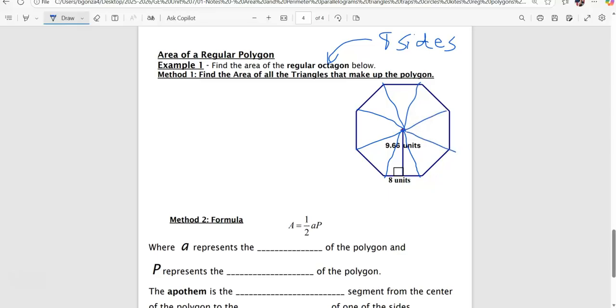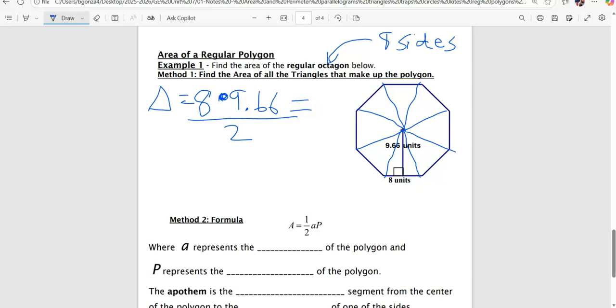Forgive my pen, it's not working, but if I find the area of one triangle, what is it? Base times height divided by 2. 8 times 9.66, goodness gracious. 8 times 9.66, divided by 2.